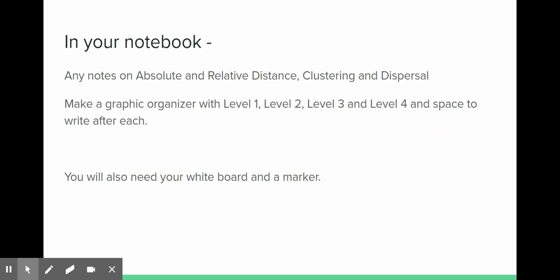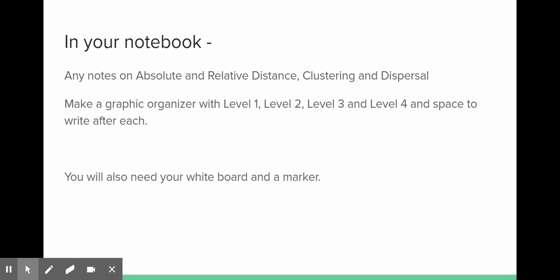So we're going to shift to what you're going to do to start off class today. First, make sure that you have some form of notes on absolute and relative distance, distance decay, clustering, and dispersal, as much as you think you need, but probably at least something on absolute and relative distance and distance decay.